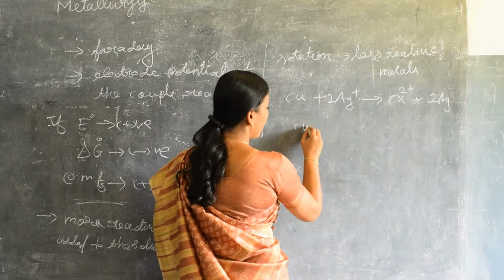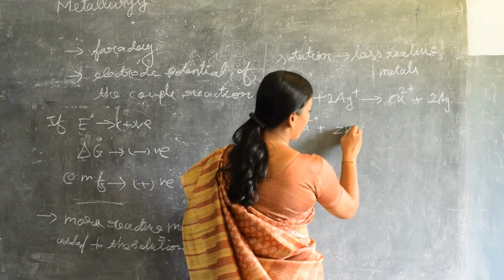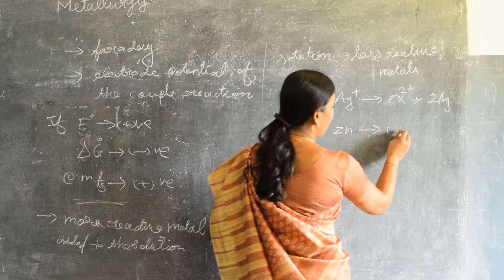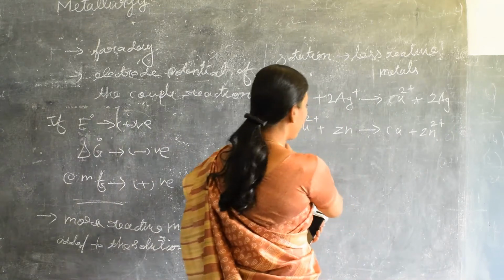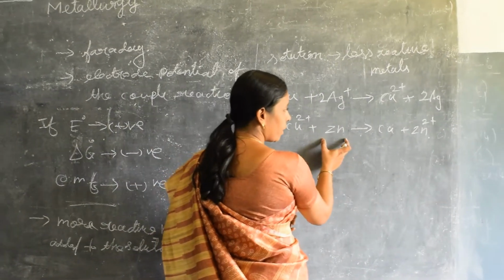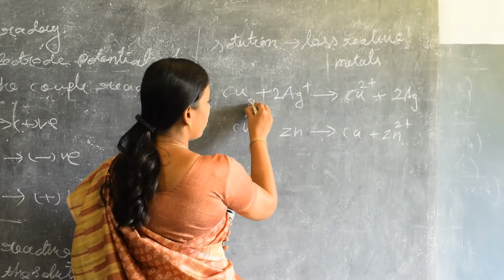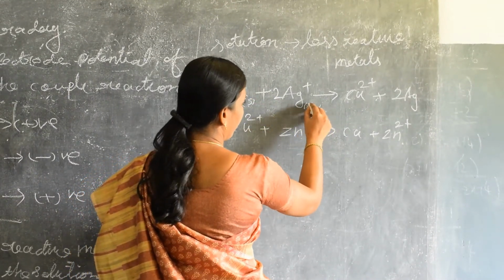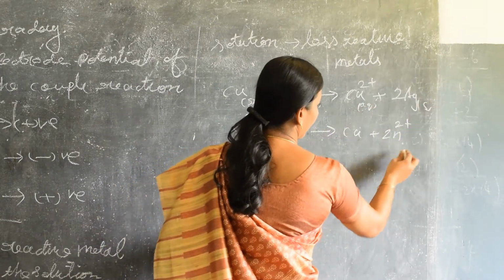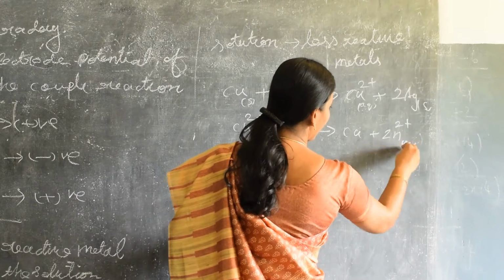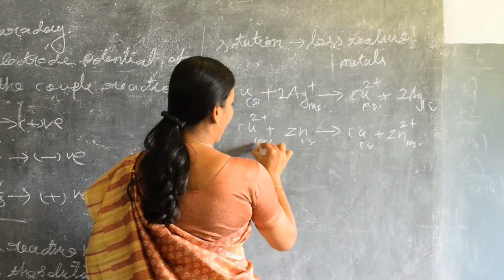Then Cu2+ is added to zinc metal to form copper and Zn2+. Copper and zinc are solids, and the ions are in aqueous solution.